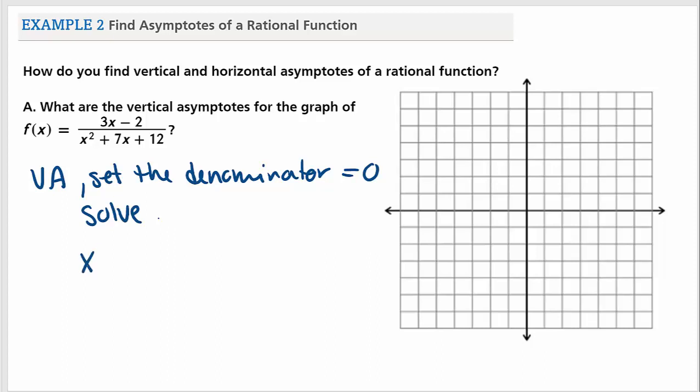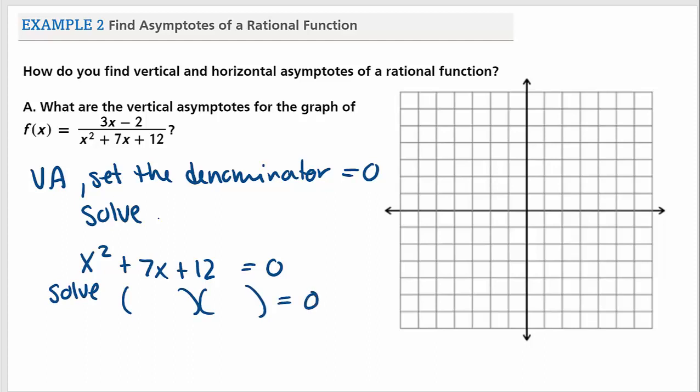So we take x squared plus 7x plus 12, and we're going to set it equal to 0. In order to solve this, I'm going to factor. So I'm looking for numbers that multiply together to get 12 and add together to get 7. X plus 4 and x plus 3.